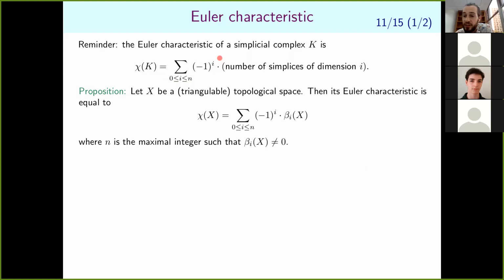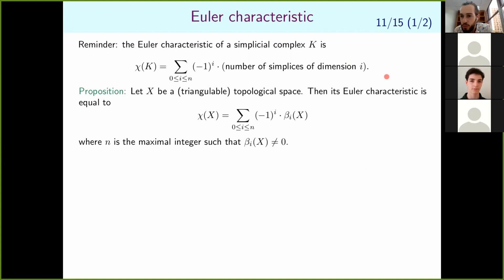You take the alternating sum of the number of its simplices of each dimension. Okay. We've seen that the circle, what is its Euler characteristic? 0. The sphere has Euler characteristic 2. The 3-sphere has Euler characteristic 0, for instance.